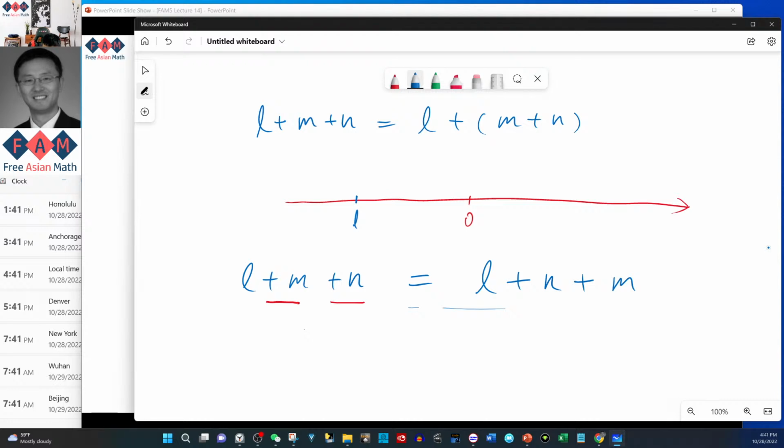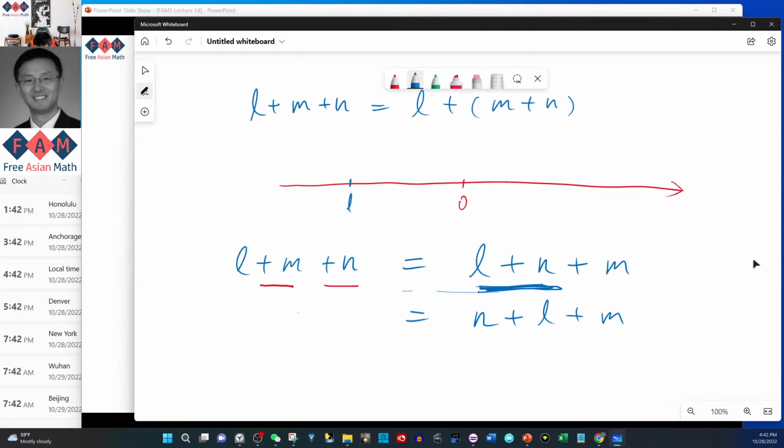Well, now we know we have to do the first one first. At this very step, we can use the commutative law we just learned last time, right? We know this can be written as this. This is just the commutative law because we are only applying it to the first two terms which are being added.